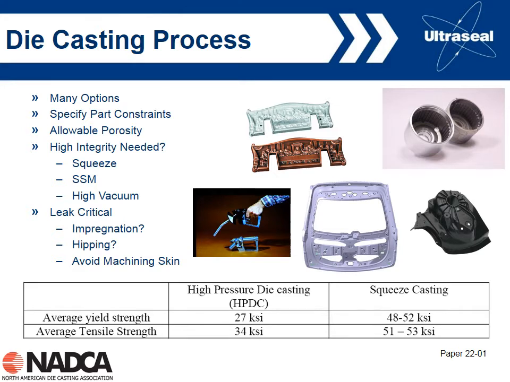Certainly many of these gas station pumps are impregnated. We're not really concerned with the mechanical properties here, just really concerned about preventing the gasoline from leaking out of the pump. So we impregnate this casting, we fill the voids, prevent the leaking, and in this case the gas doesn't dissolve the impregnation material.